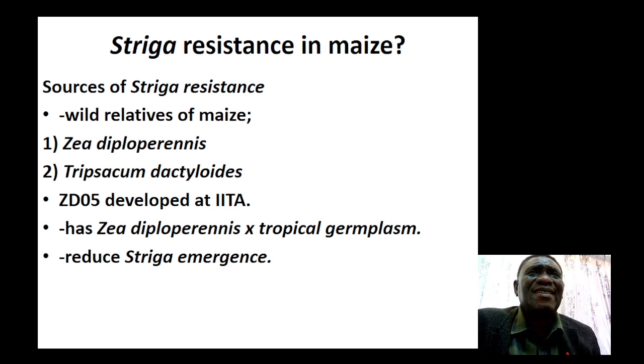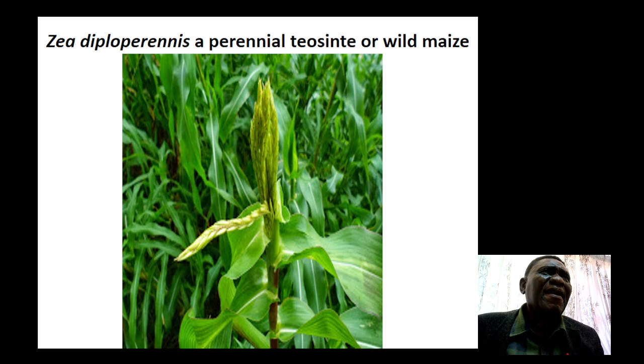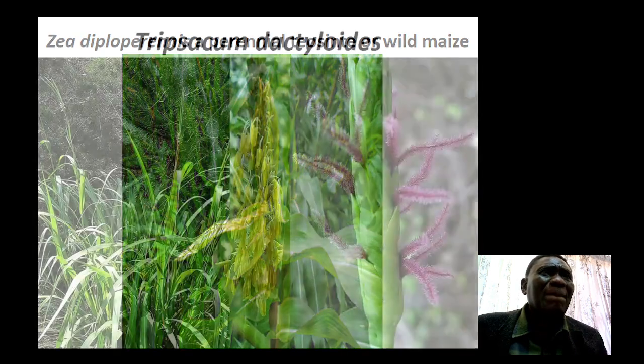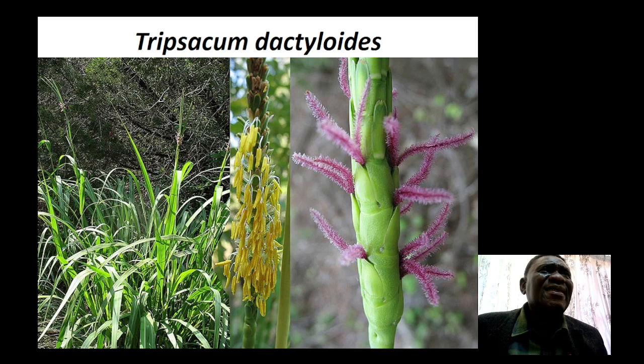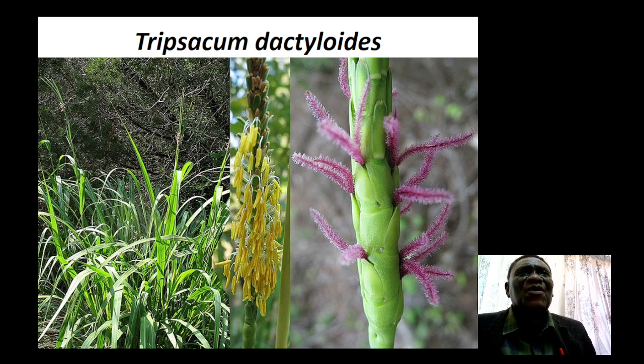It indeed reduced the striga agents. This is Zea diploperennis, a perennial teosinte or wild maize. This is Tripsacum dactyloides, which resists Striga asiatica attachment.